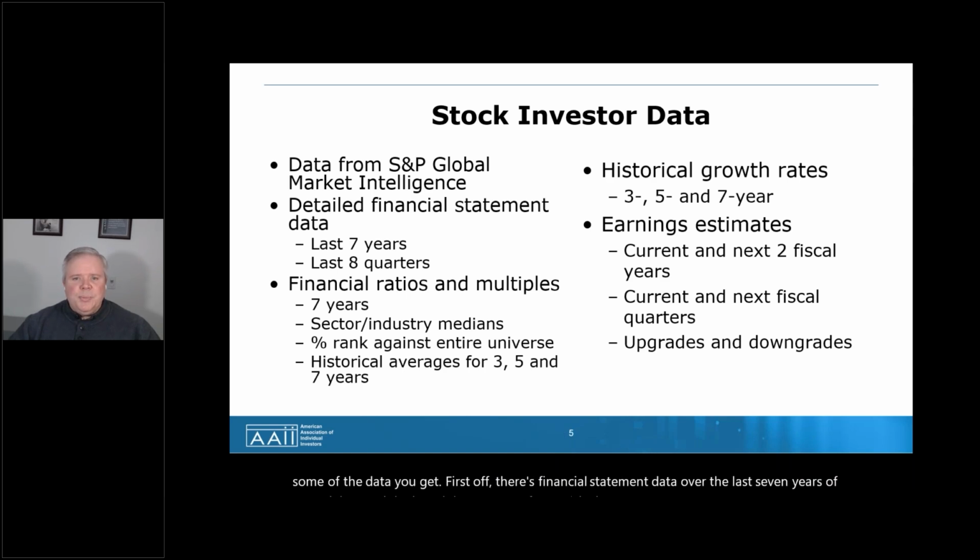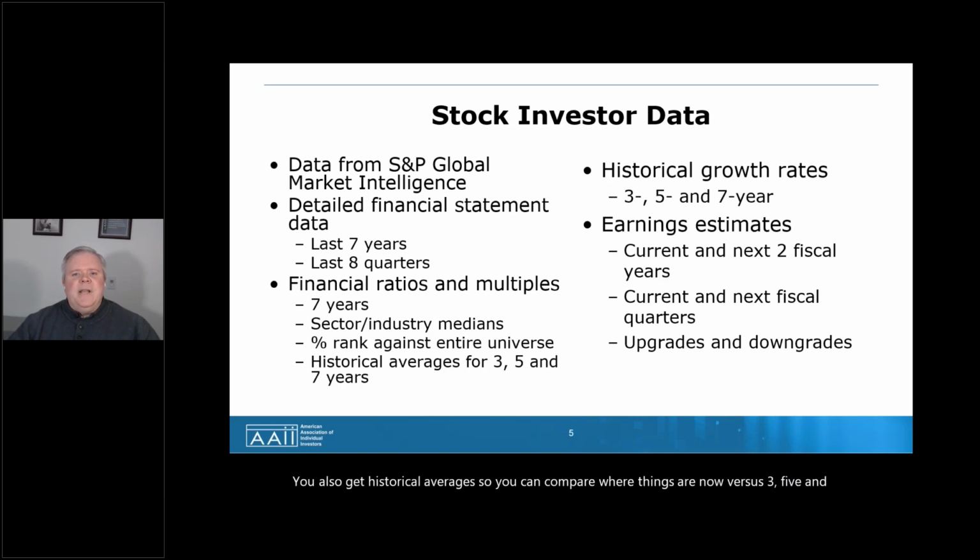Valuation ratios and multiples, so PEs, margins, etc., both for the company as well as medians across sectors and industries. You also get historical averages, so you can compare where things are now versus 3, 5, and 7-year averages.